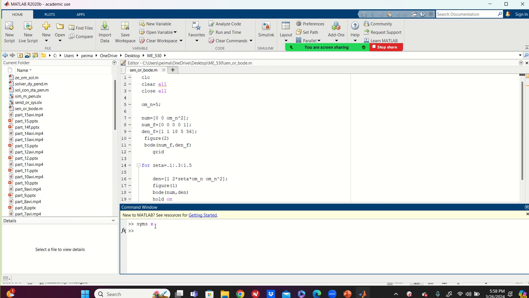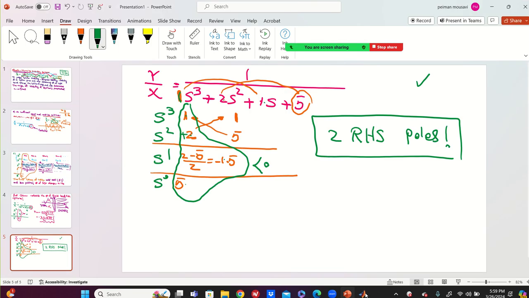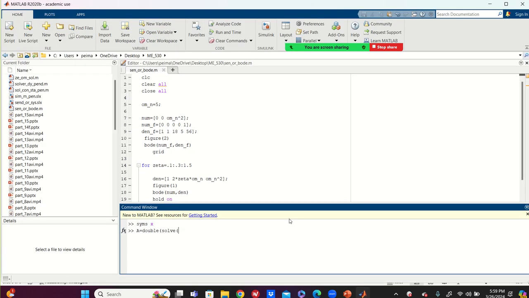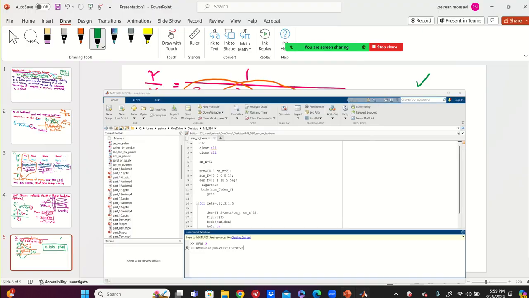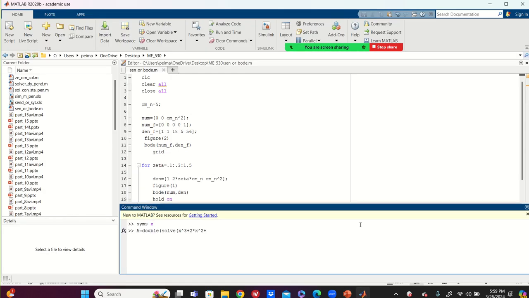A is double, or double works better. Double solve, and what's the equation? 1, 2, 1, 5. So x cubed plus 2x squared plus x plus 5.